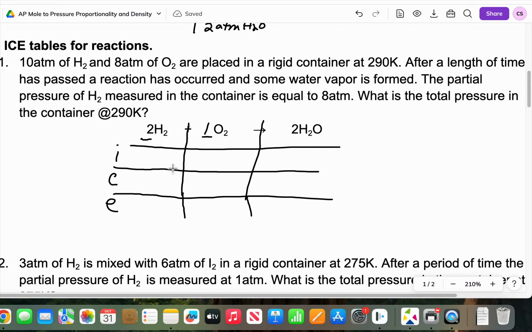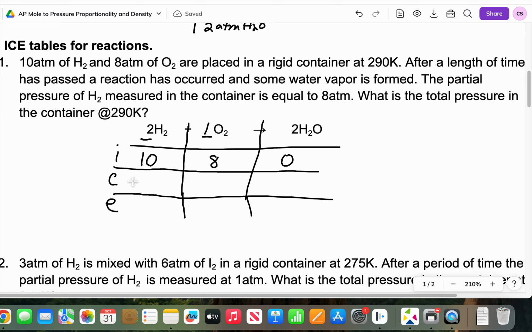All right, so 10 atmospheres of H2, so I'm going to write a 10 under H2, and 8 atmospheres of O2 are placed in a rigid container. After a length of time has passed, a reaction has occurred and some water vapor is formed. We're going to have 0 of this to begin with because the reaction hasn't started. This is initially.